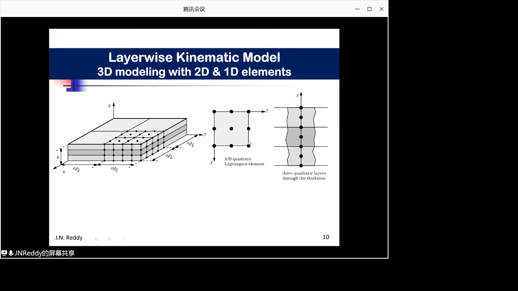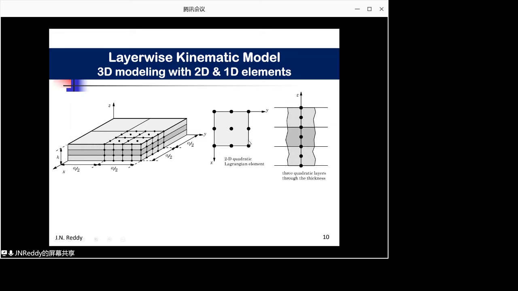So I will close this lecture by saying a few things about the third order theory. It removes the normality and straightness assumptions, which are included in both the first order theory and classical plate theory. So it represents the deformed transverse lines to be cubic through the plate thickness. As a result, it represents the transverse shear stresses to vary quadratically through the thickness, and therefore it does not require shear correction coefficients.